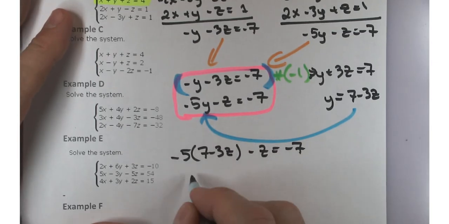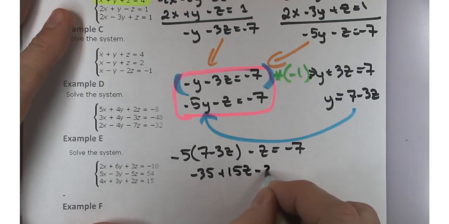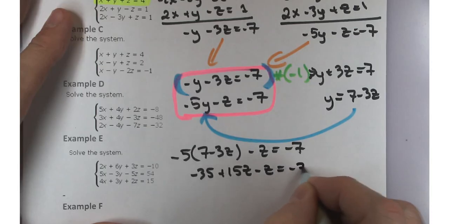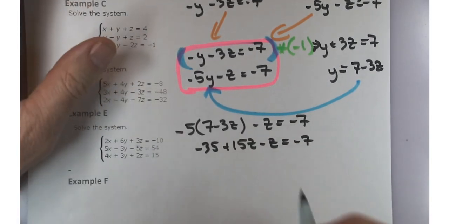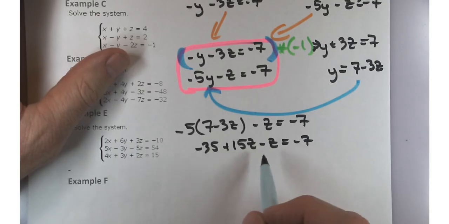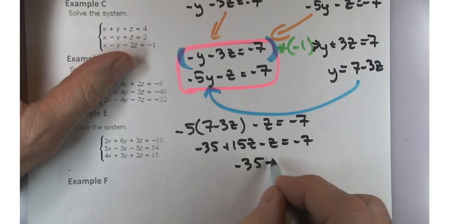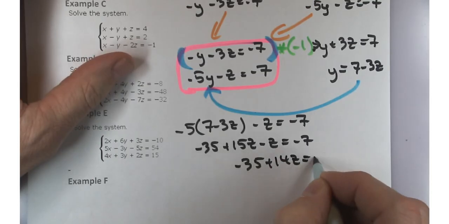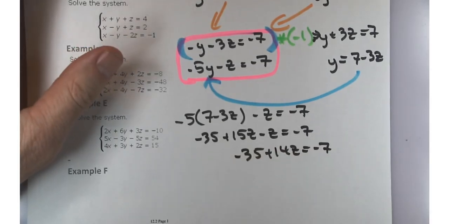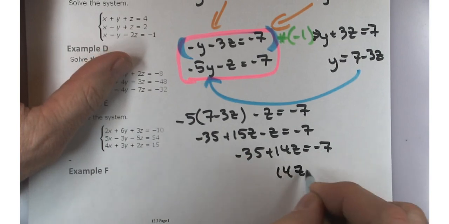So it's going to be negative 35 plus 15z minus z equals negative 7. All right. Combine like terms here. I get negative 35 plus 14z equals negative 7. If I add 35 to both sides, I get 14z equals 28.